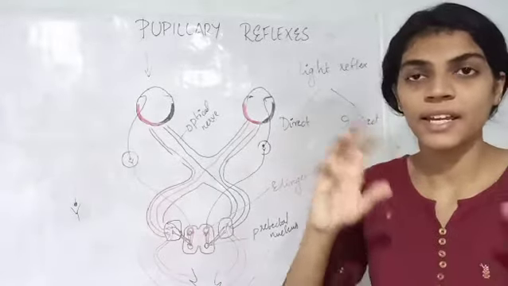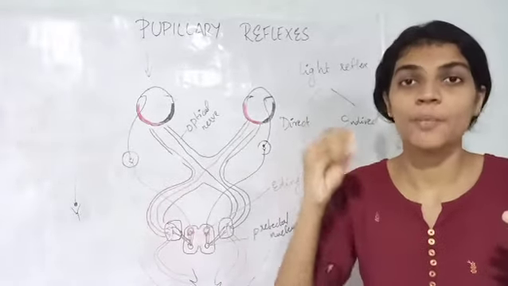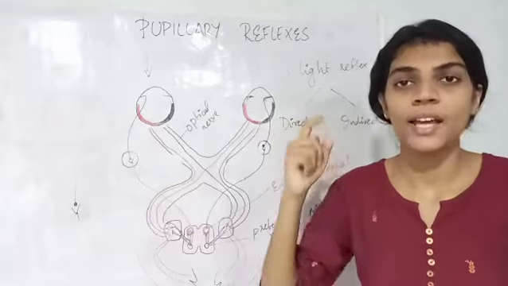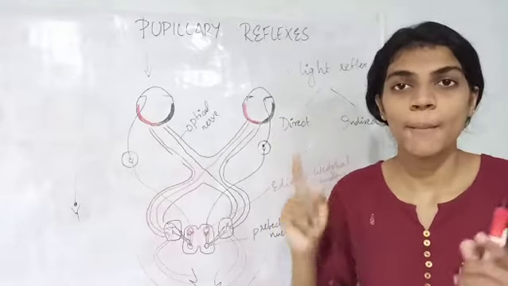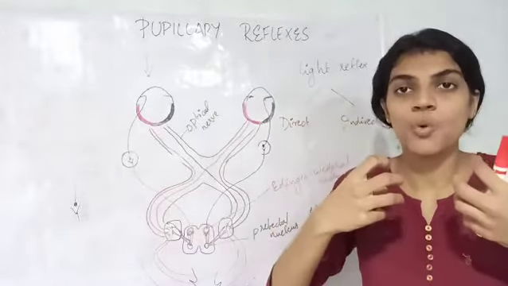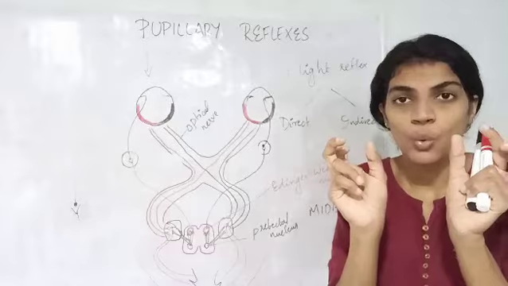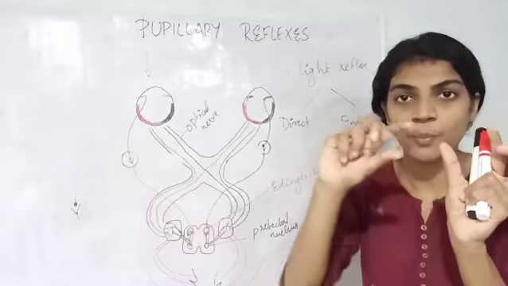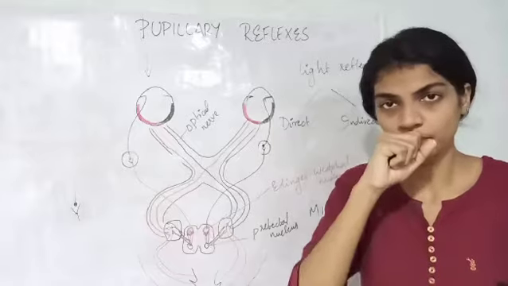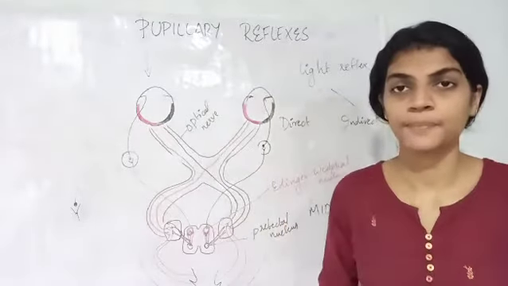From the ciliary ganglion, postganglionic nerve fibers arise and stimulate the constrictor pupillae muscles of the diaphragm. By the contraction of these muscles, the diaphragm increases in width, and the pupil, which is in the center of the diaphragm, constricts.